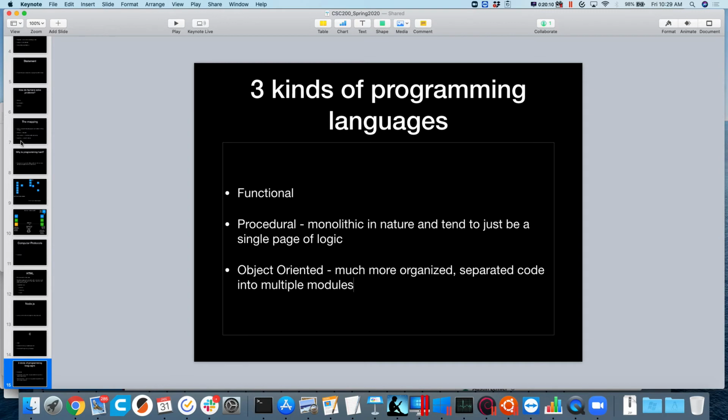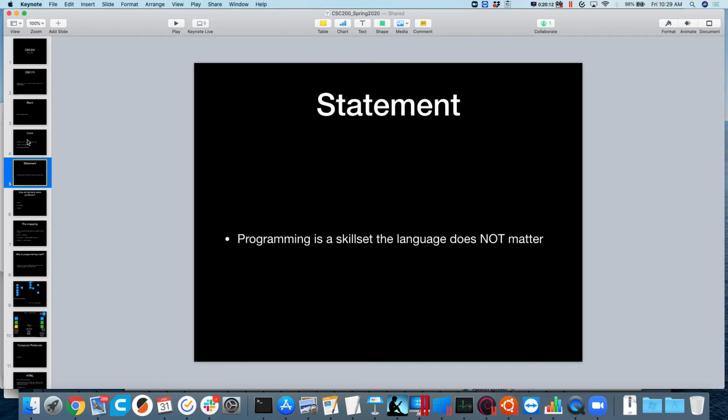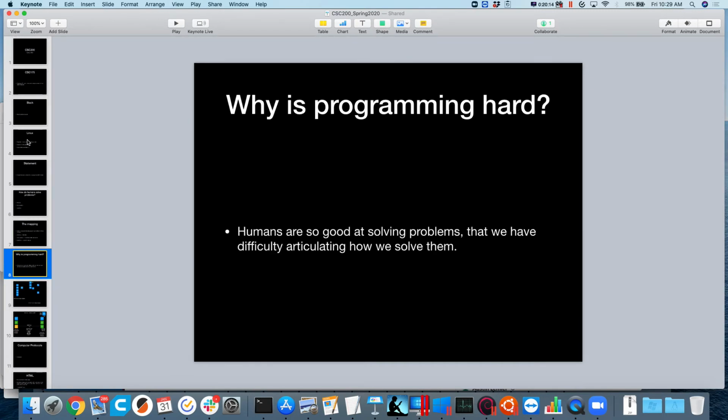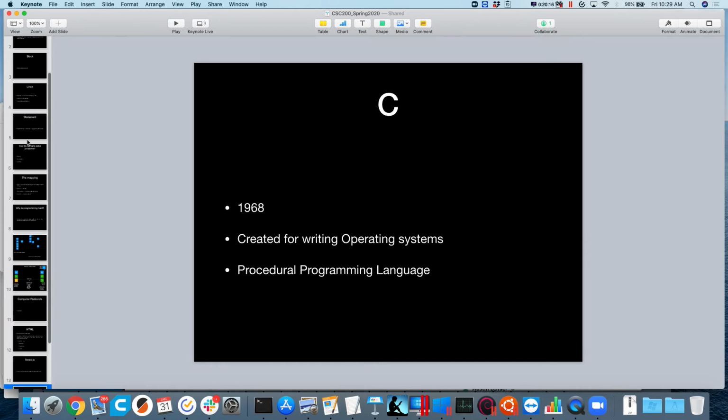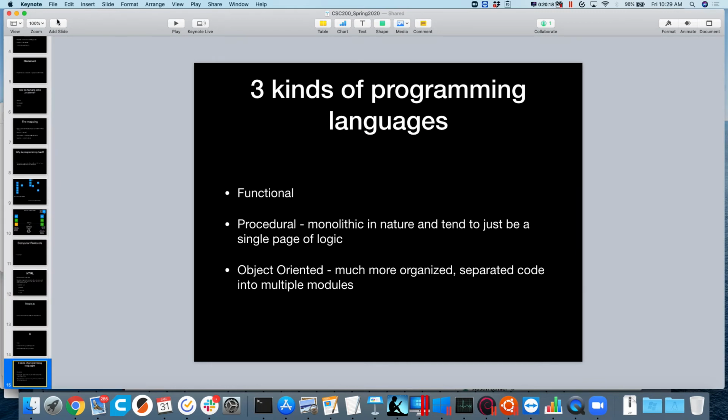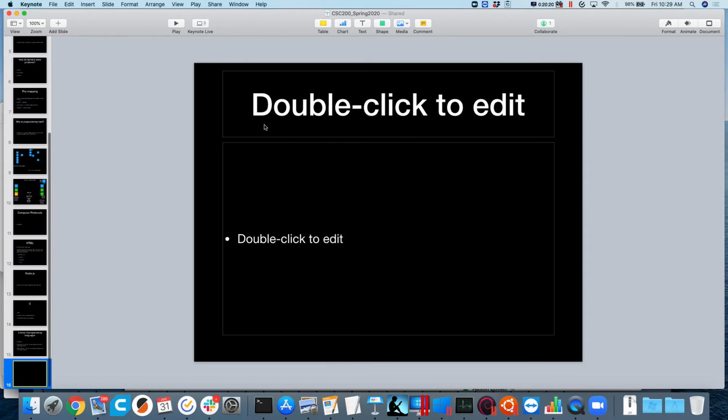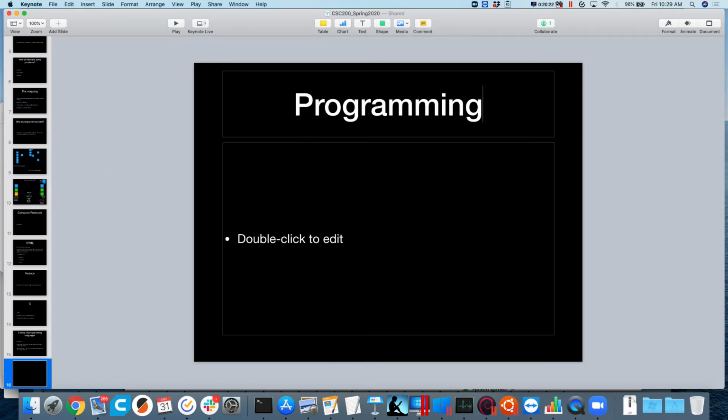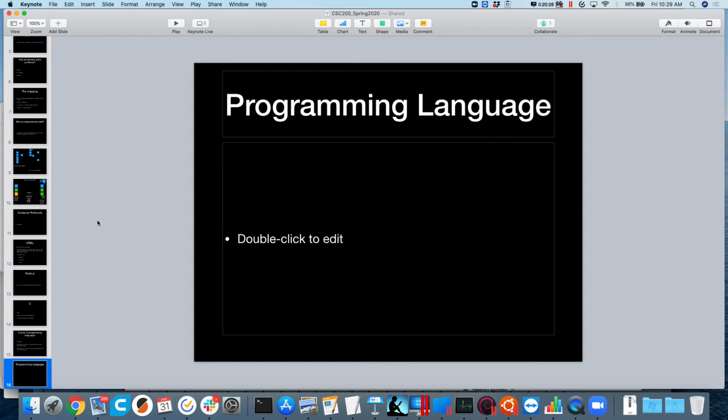Now remember, somewhere up here, I probably said, what's the job of a programming language? Well, we probably said it out loud. Let's just throw it on a slide. A programming language is a tool that allows us to tell a computer what to do.